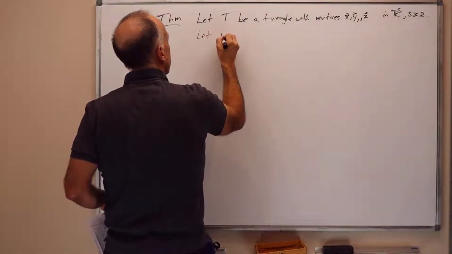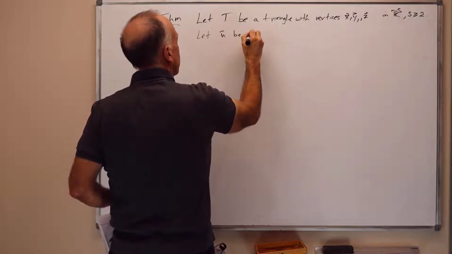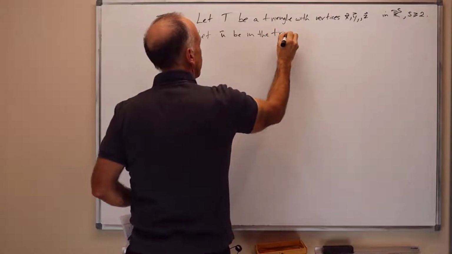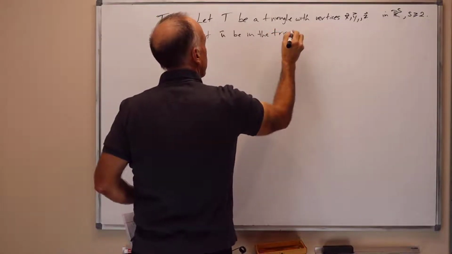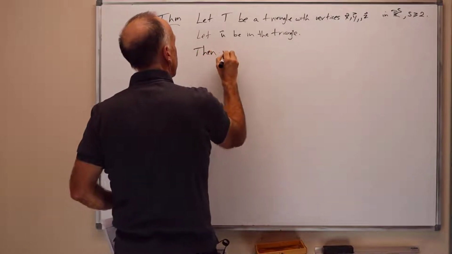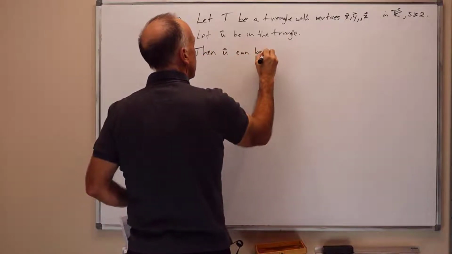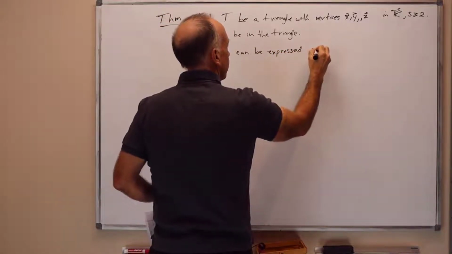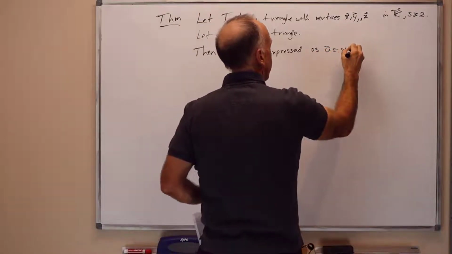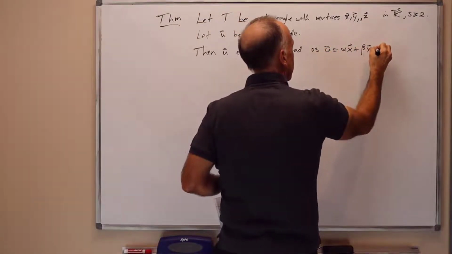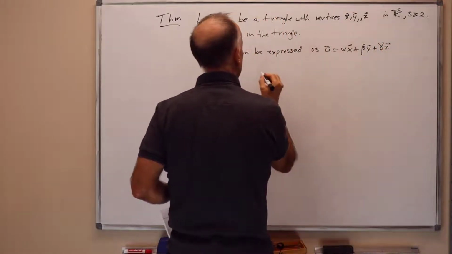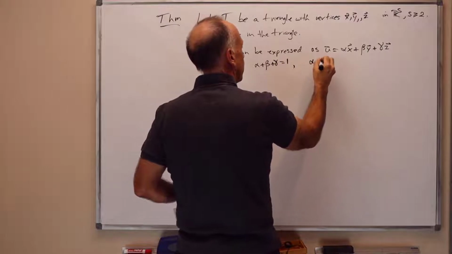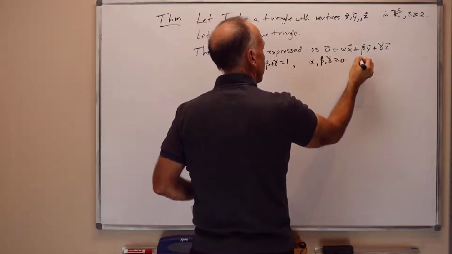Let U be in the triangle, and this can be either the interior of the triangle or on its boundary. Then U can be written as a weighted average, U equals alpha x plus beta y plus gamma z, with alpha plus beta plus gamma equals 1, and alpha, beta, and gamma all greater than or equal to 0. So it's a weighted average.